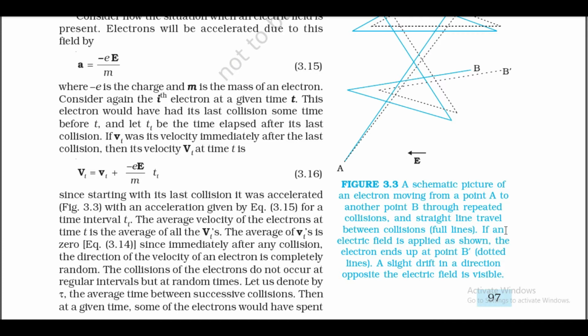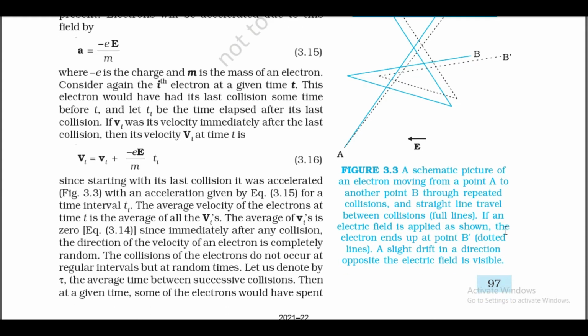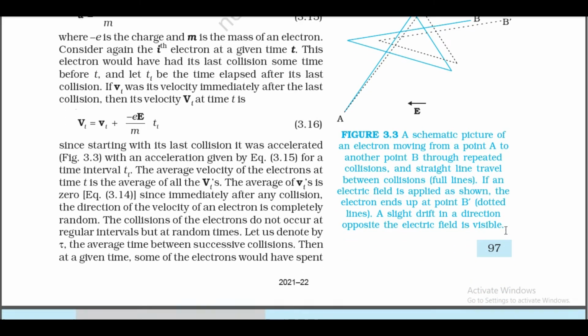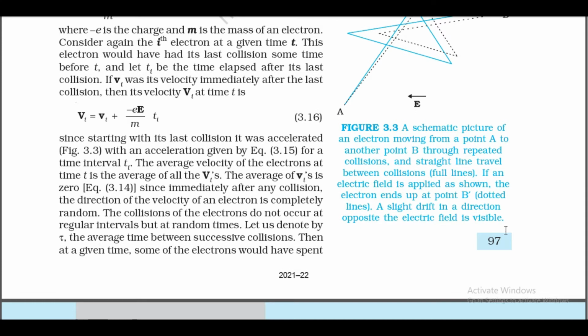If v_i was its velocity immediately after the last collision, then its velocity V_i at time t is V_i = v_i - eE divided by m times t_i, since starting with its last collision, it was accelerated, as in Figure 3.3, with an acceleration given by equation 3.15 for a time interval t_i.